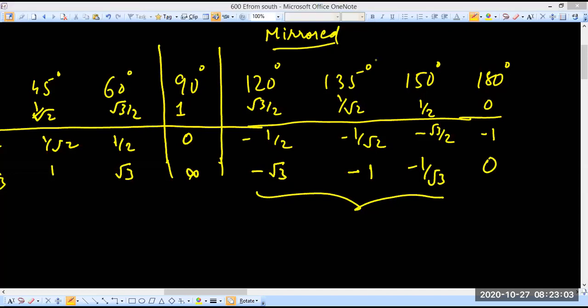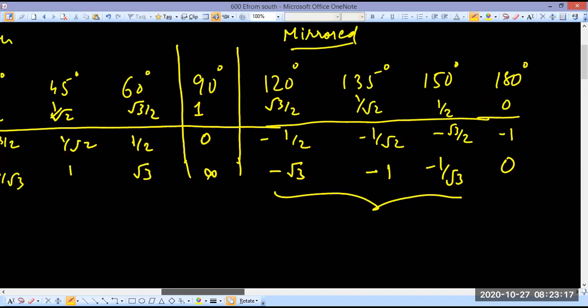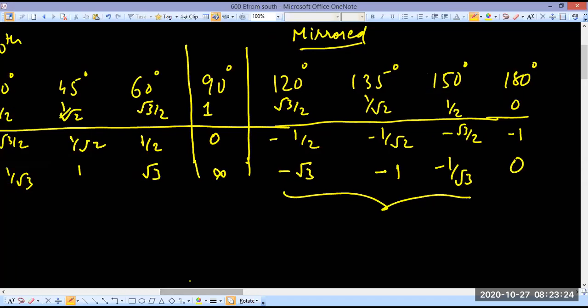Okay, so let's go back to this sum. All right, I hope everyone has noted the values. All right, shall we go? All right then.